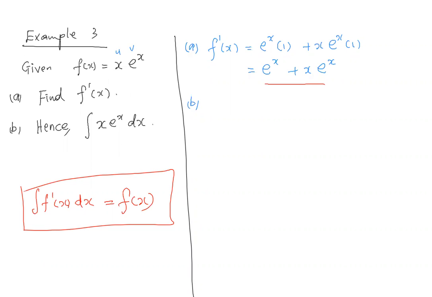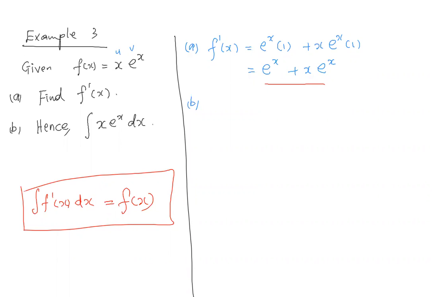So every time when I do this question for part B, I'm not going to look at the question first, because there is a word hence. Hence means you have to do part A to help you to solve part B. So take note.